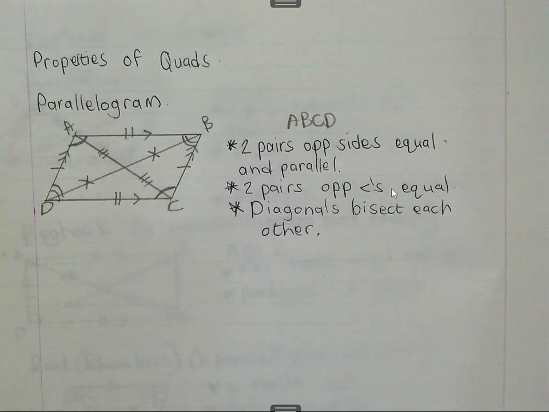And if AC is cutting BD in half, then that is the midpoint of BD. Do we have something about a midpoint in analytical geometry? Yes, we have the midpoint theorem. So if two lines bisect each other, it means that they have the same midpoint.